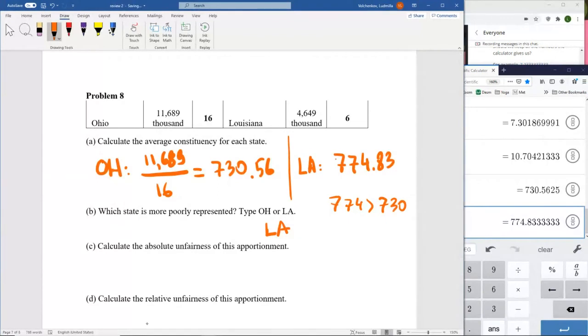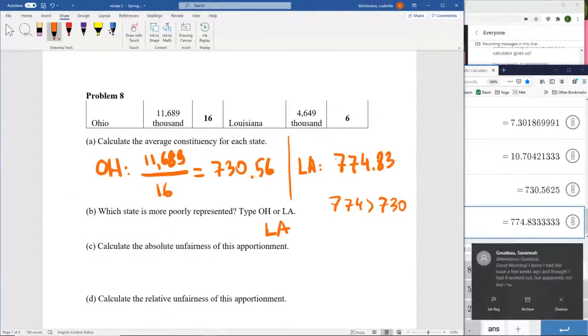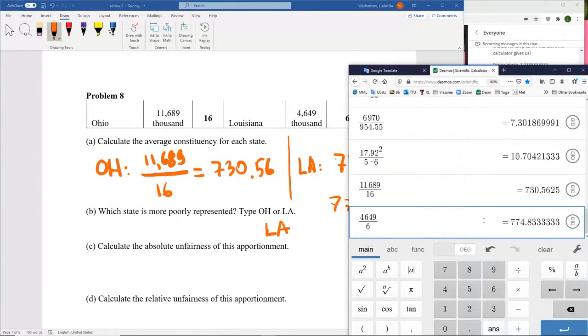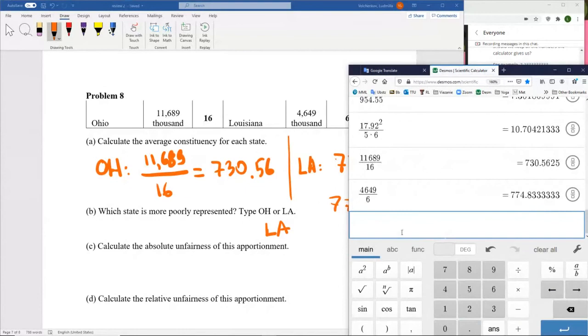Okay, then the absolute unfairness and relative unfairness. I decided to ask you for both because if I ask for only one of them, I always have students who mix them up and find the wrong one. Okay, just find both of them.